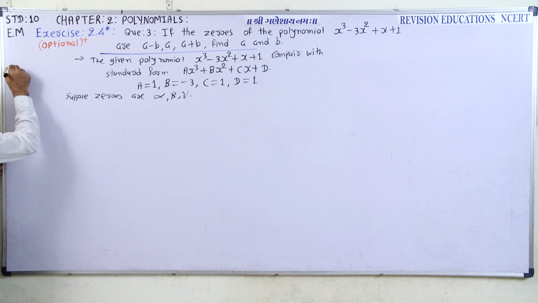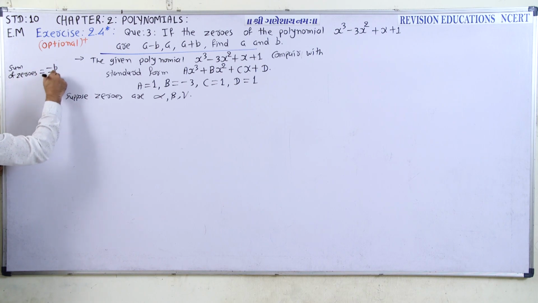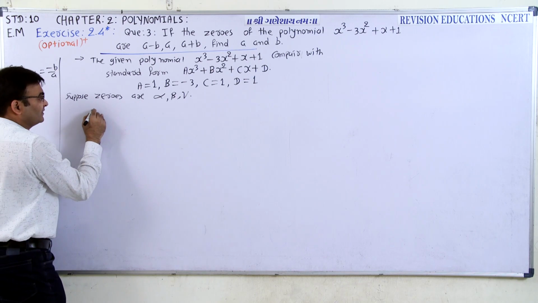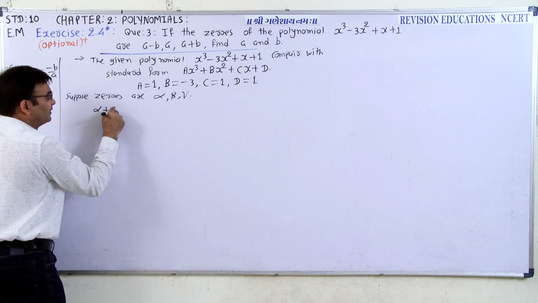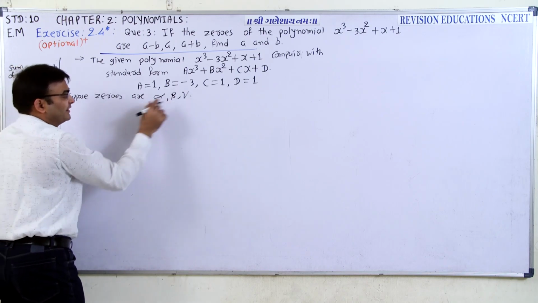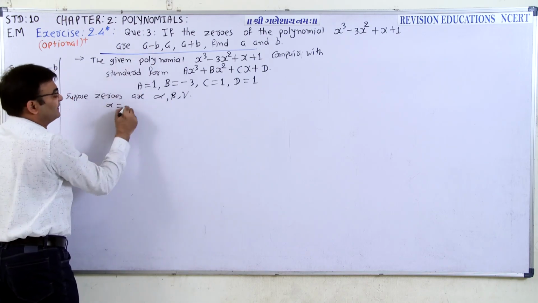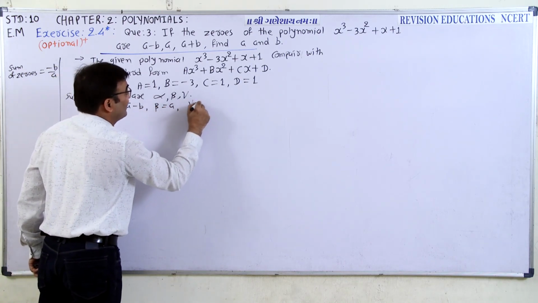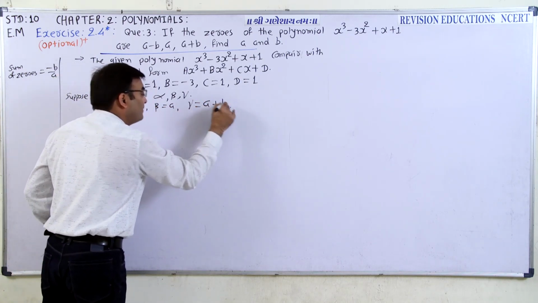Minus B by A. So we use this formula: alpha plus beta plus gamma. Suppose the zeros are alpha, beta, gamma. Alpha is equal to a minus b, beta is equal to small a and gamma is equal to a plus b.